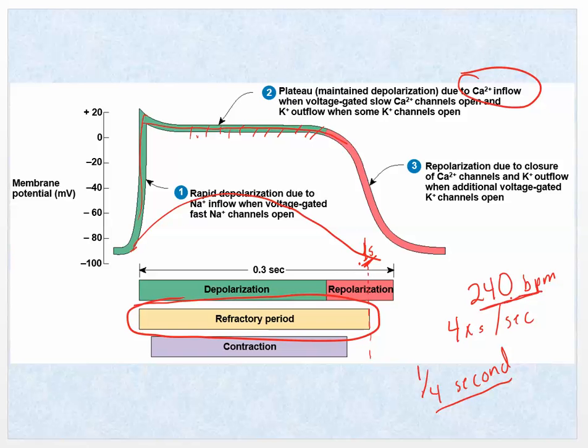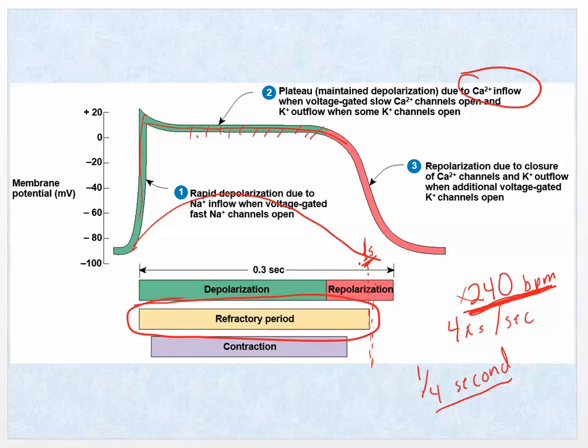So that's a maximum. Physiology says you cannot beat a heart faster than, if this is a fourth of a second, 240 beats per minute. That's your max. Usually our max is quite a bit lower than that, usually in the low 200s or something like that. But for this example, it works because it gets the point across.